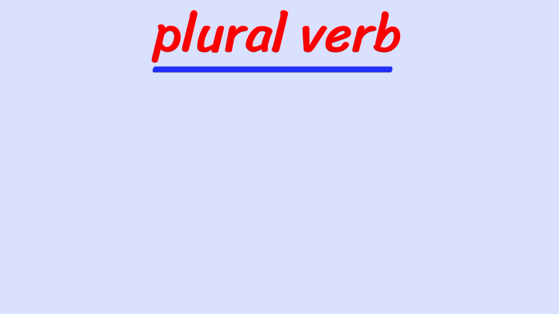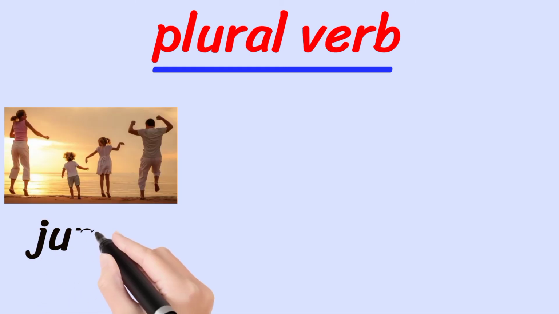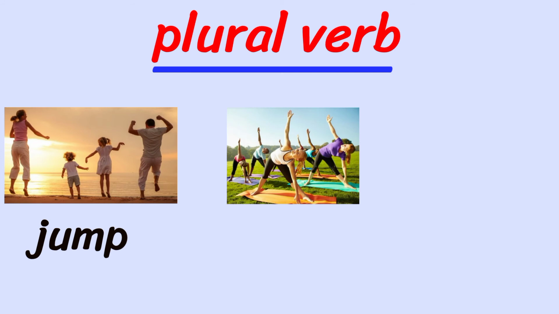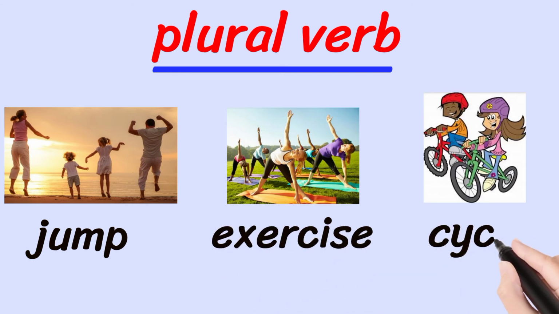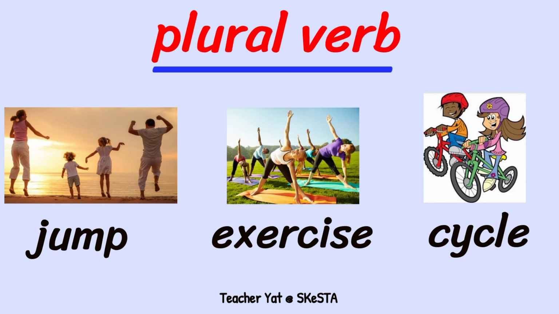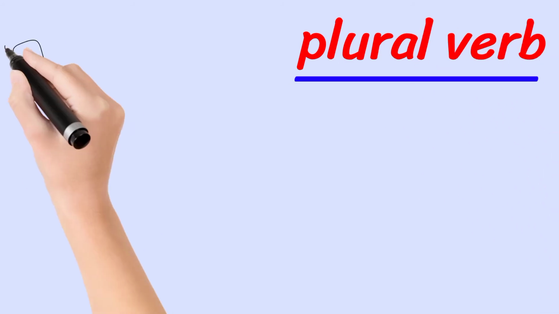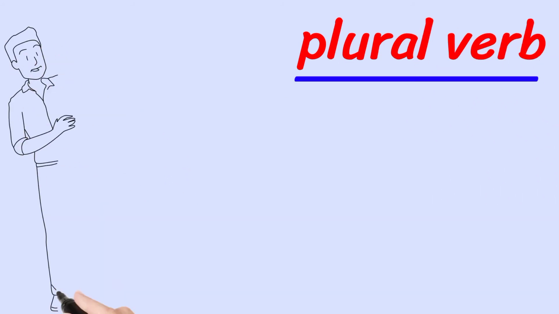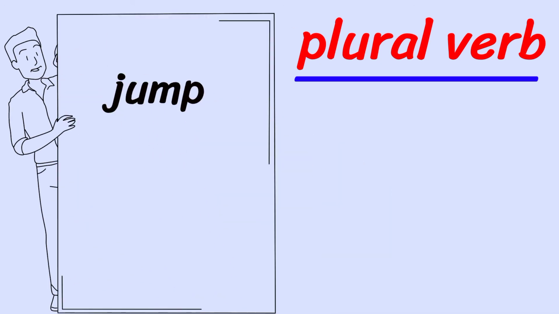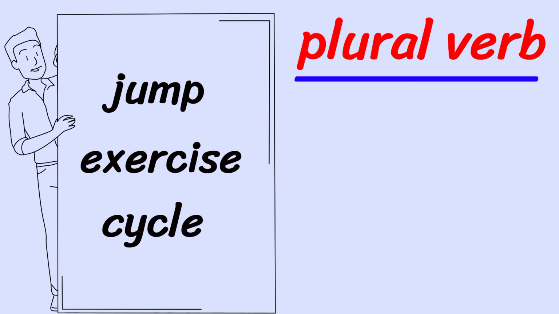For example, jump, exercise, and cycle. One thing you must remember about plural verbs is that unlike singular verbs, we will not add S at the end. Think of it this way.